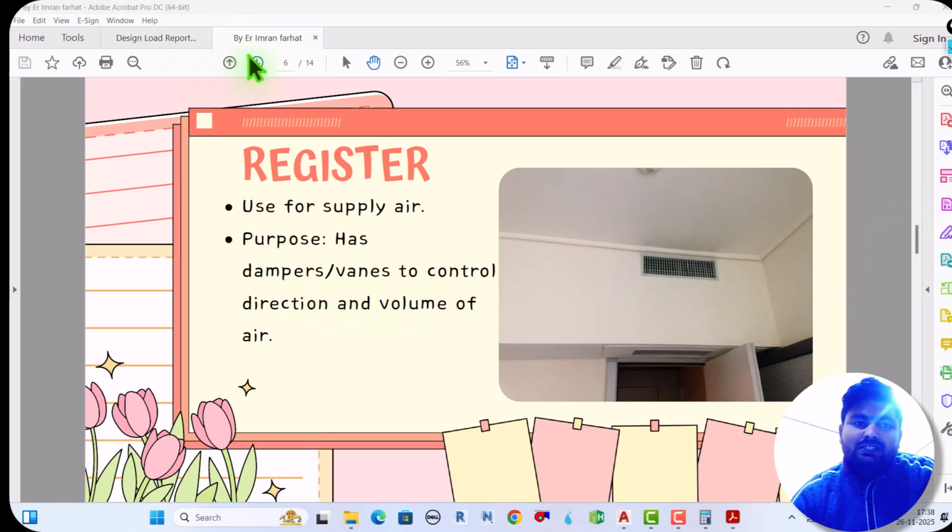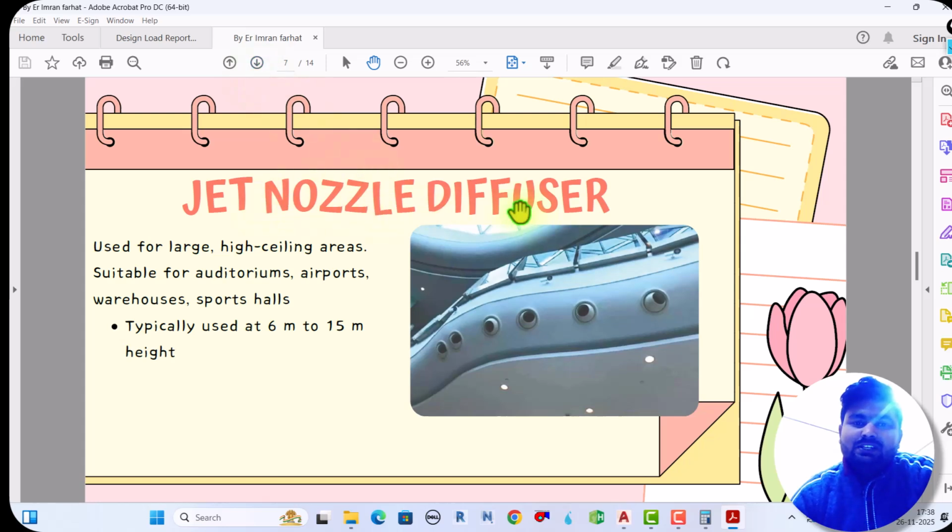The next is jet nozzle diffuser. Okay, we use this type of diffuser where the ceiling height is above 5 meter. It can be used from 6 meter to 50 meter, but generally a height of 5 meter is enough for offices.